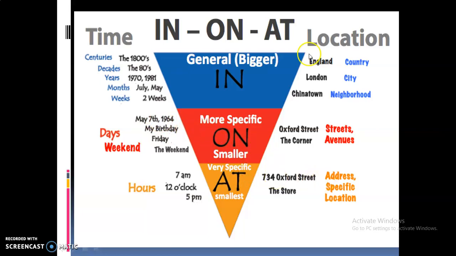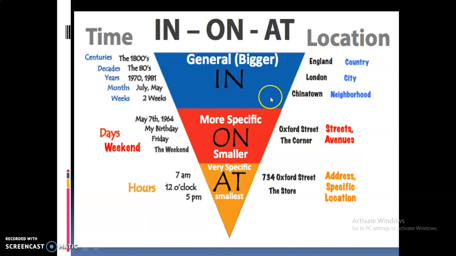At, you can talk about, see, in England, in a country, in London, in a city, in Chinatown, in a neighborhood, in India. So if you're talking about something general, you have to use only the preposition in. It is seen in India. It is present in India.